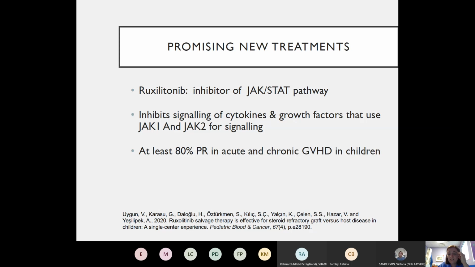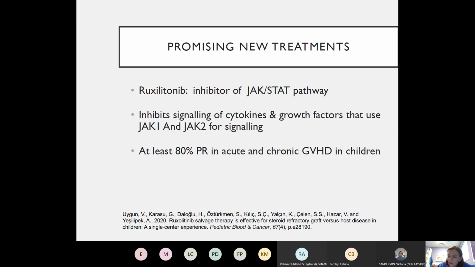And if it can start to reverse some of the awful changes of chronic GVHD, it's a very welcome adjunct. I just wanted you to be aware that it's one of these drugs that's shown some promise in this otherwise very depressing situation.